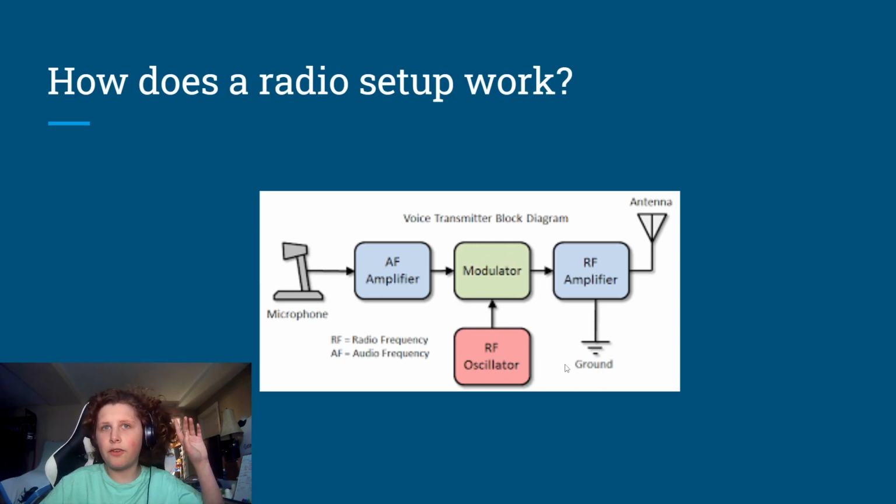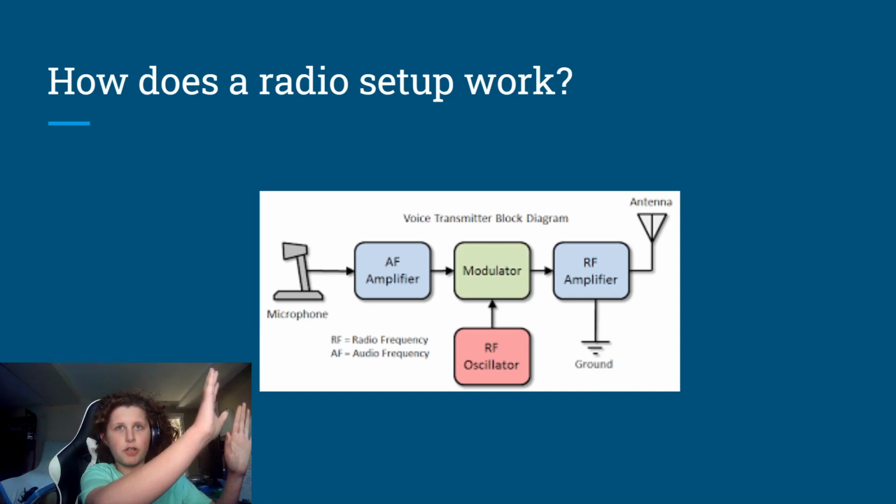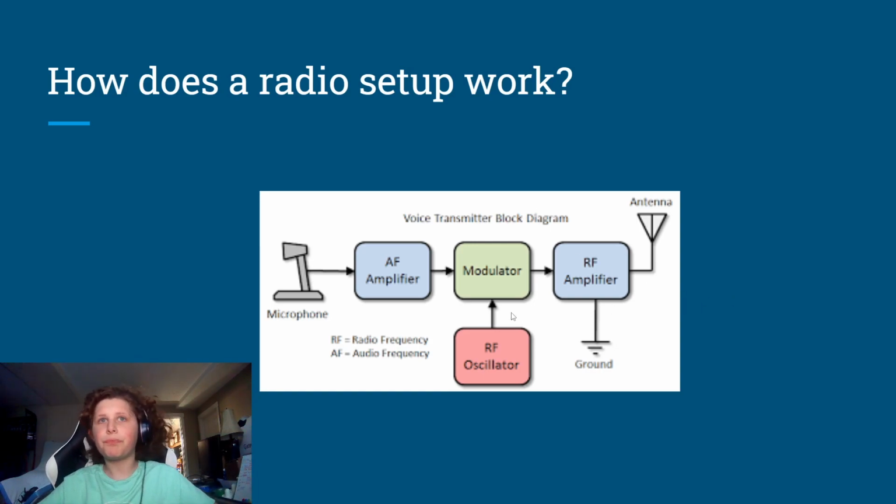This oscillator changes the frequency of the radio wave, effectively making it the right size, which is what happens when you adjust the frequency knob flipping through radio stations. You're actually changing the frequency of the waves that you're looking for. That radio wave is then amplified, and then it's sent off through the antenna.